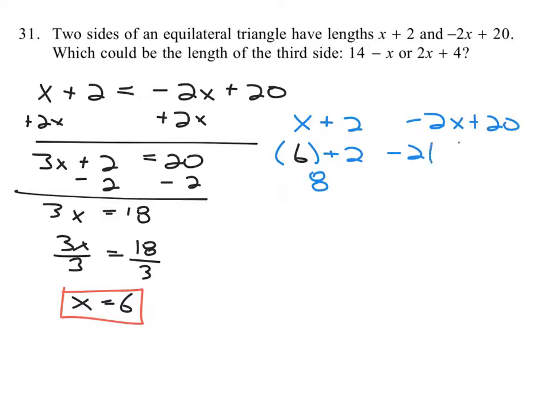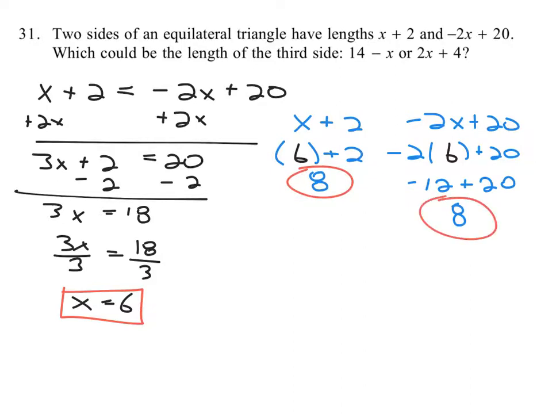That is negative 2 times 6, because we know x is equal to 6, plus 20, so we get negative 12 plus 20, which also equals 8, because we know from the first one that we've got a side length of 8.